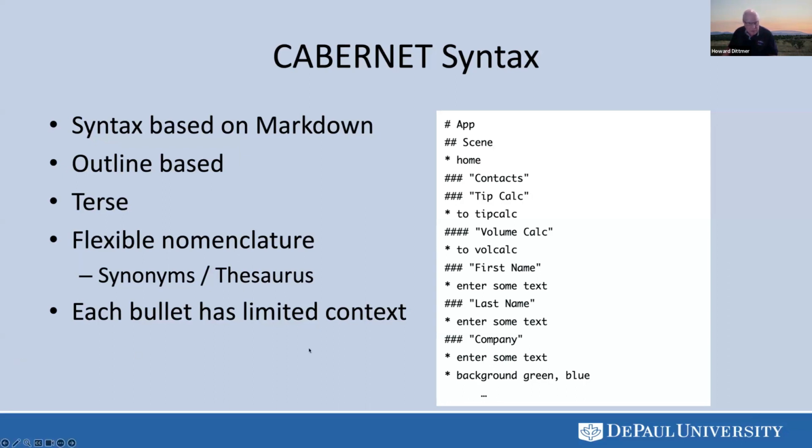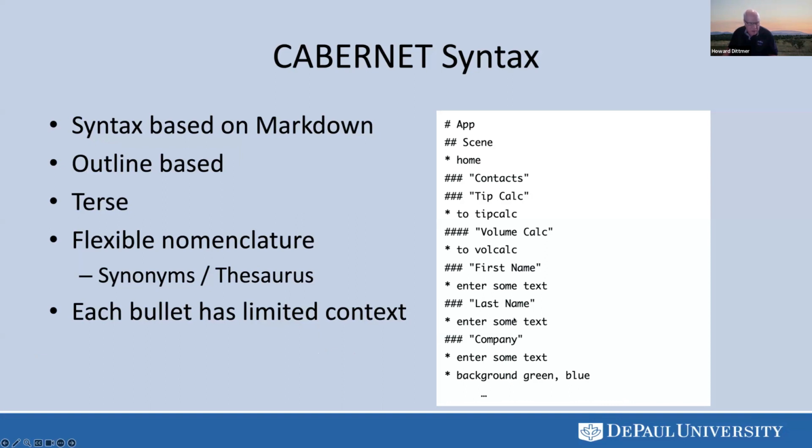And each bullet is limited in context. As you can see over here on the right, things can be as simple as an adjective describing what the field on the screen looks like, what the background and foreground color is, what the content is, and what the function is.